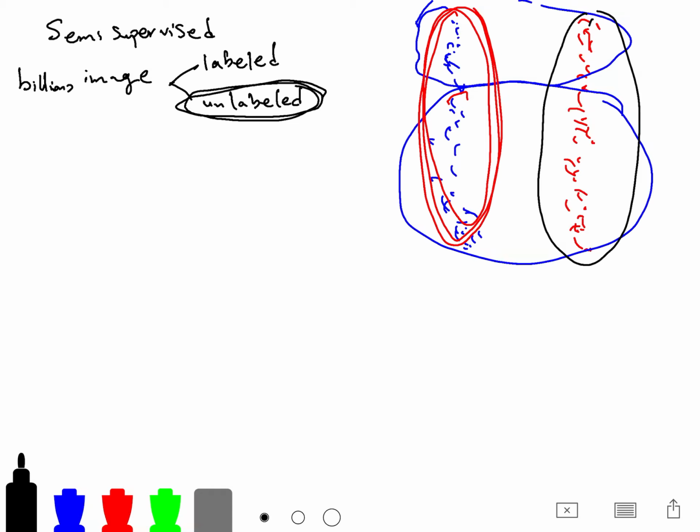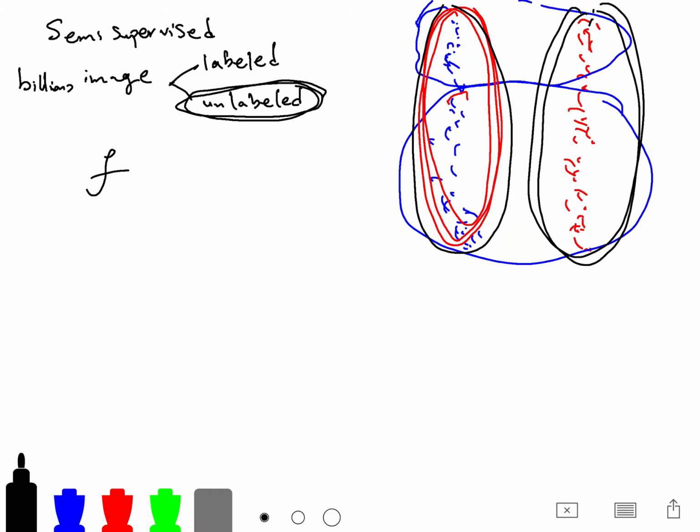So it respects the density now. The classification function F should be smooth with respect to data density in order to observe these regions that are similar to each other.